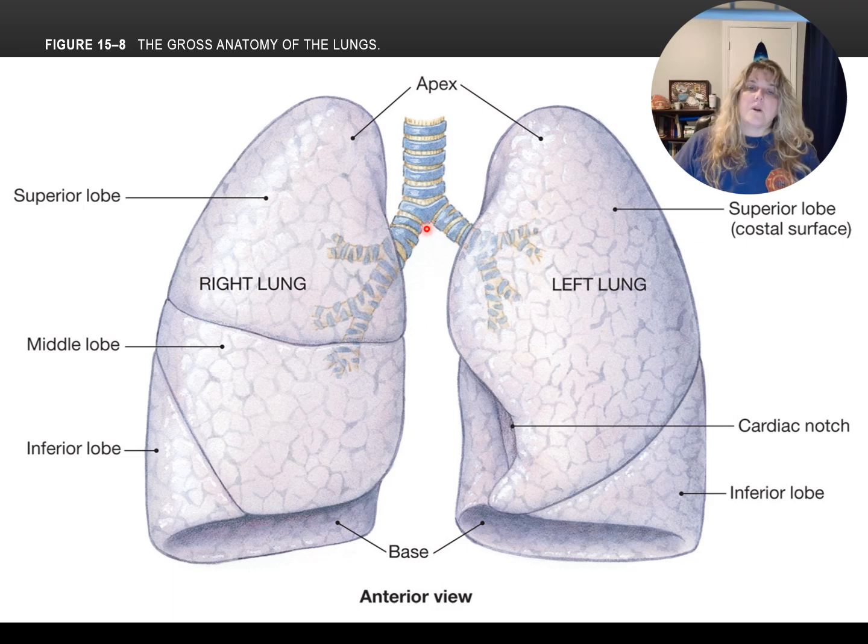The other thing that I want to point out here has to do with this right and left main stem bronchus. If you take a look, that left main stem has more of an offshoot, whereas the right goes down a little bit straighter. The left comes down and then shoots off sideways almost, whereas the right goes straight down.